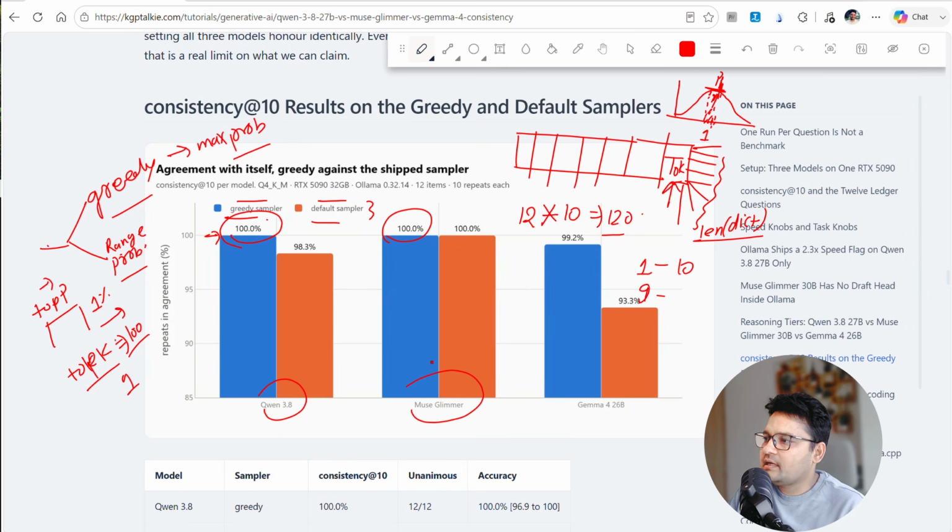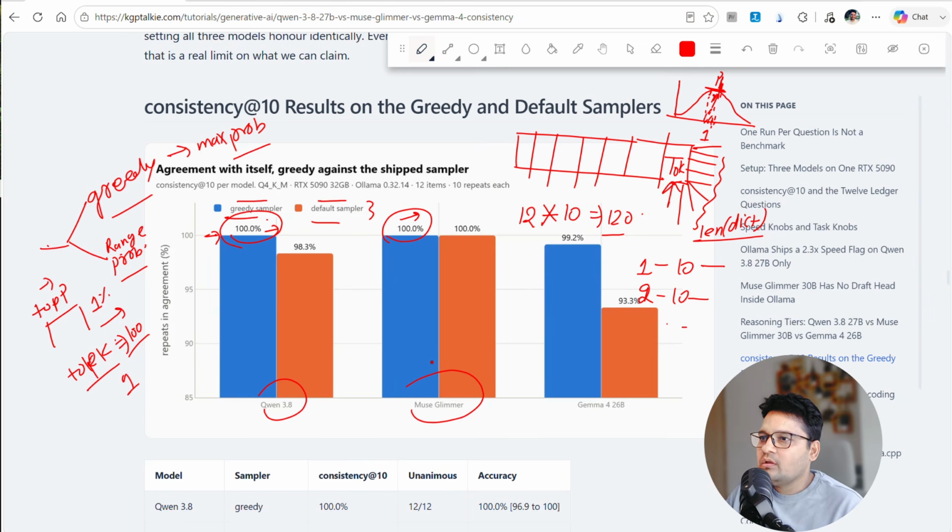That means 120 runs, but the first problem ran 10 times, the second problem ran 10 times, and so on. Every time it runs, it gives the same result. It doesn't matter how many times you run, that means its result is consistent here.